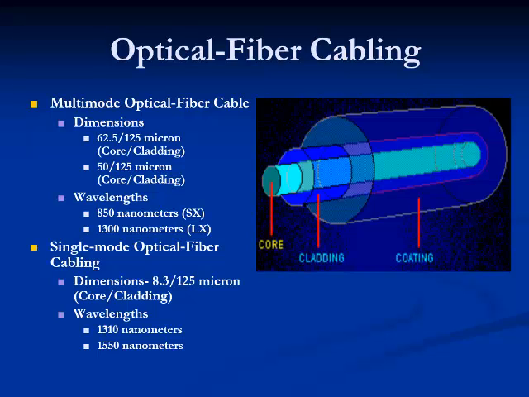The term mode refers to the bundles of light or rays that enter the fiber optic core in the fiber strand. Single-mode fiber optic cable uses only a single mode of light to propagate through the fiber cables, whereas multi-mode fiber allows multiple modes of light to propagate. In multi-mode fiber optic cable, the light bounces off the core walls formed by the cladding as it travels through the fiber, which causes the signal to weaken more quickly.